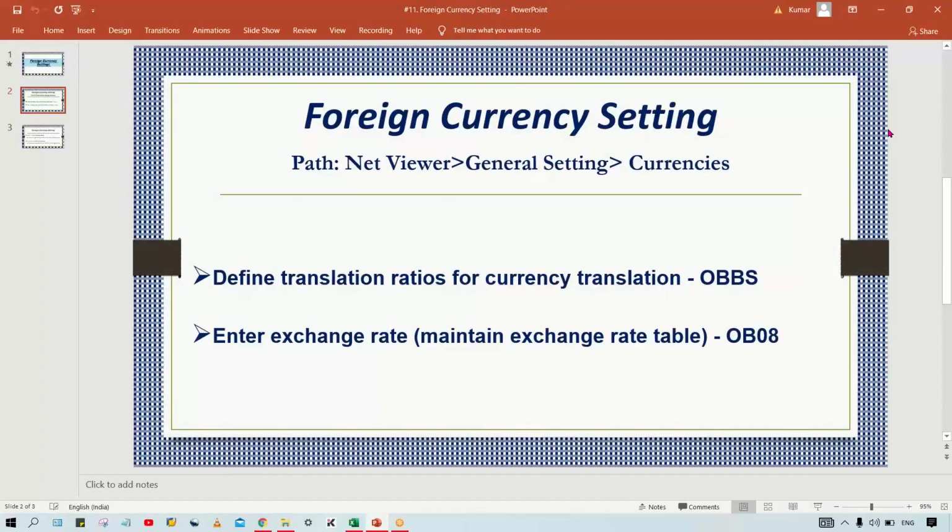What configurations, guys? Look here. Here is the configuration. This is the path I have specified, and the transaction code is also there. Define translation ratio for currency translation, and then we have to maintain the exchange rate.